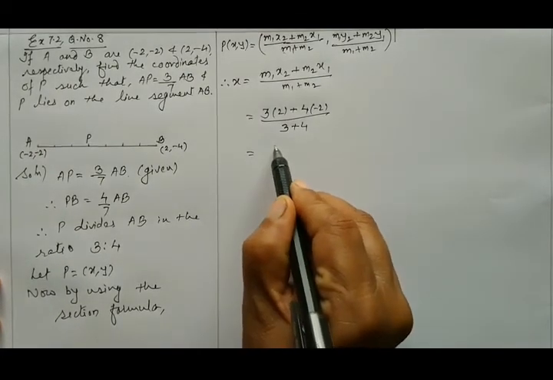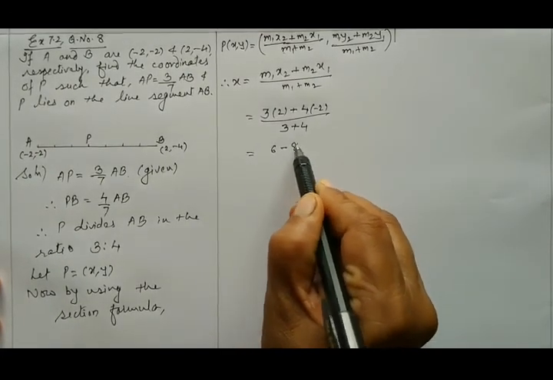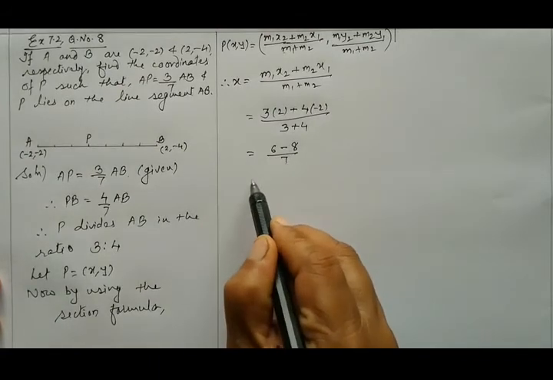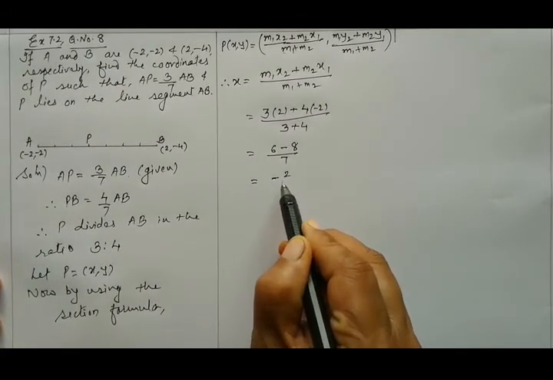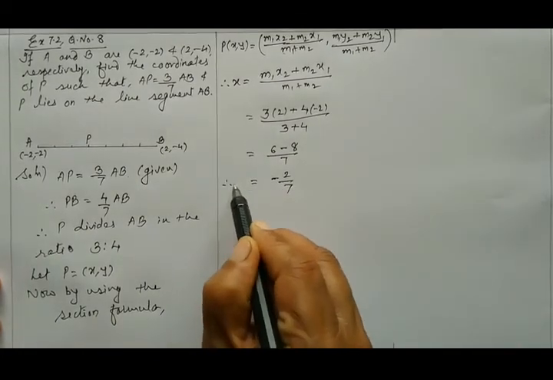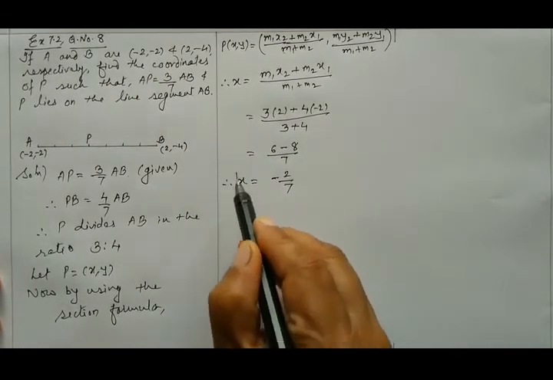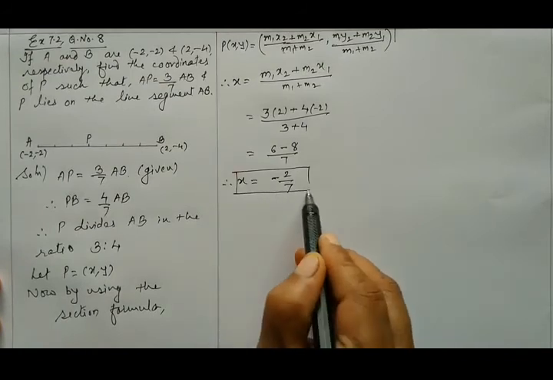So 6 minus 8 upon 7, that is minus 2 by 7. So we got the x coordinate.